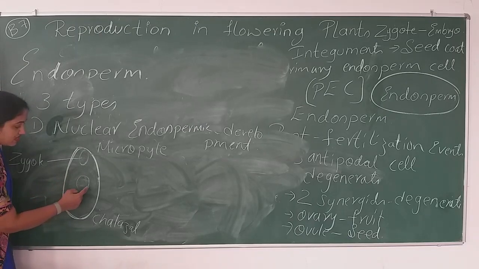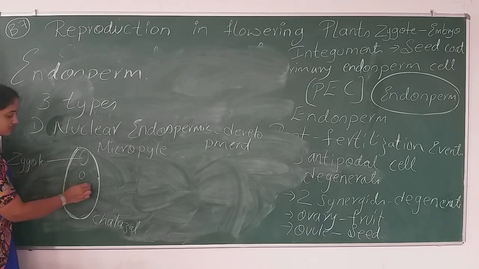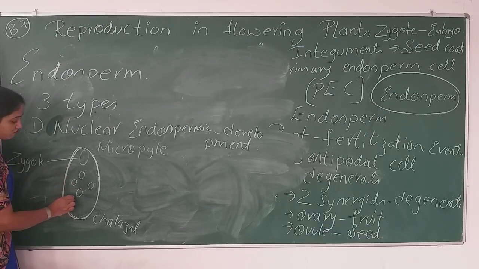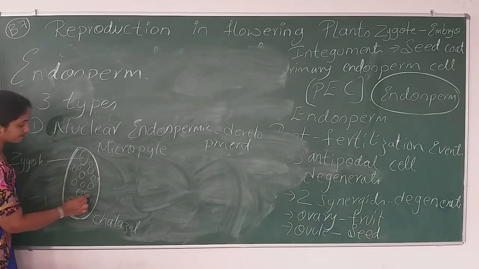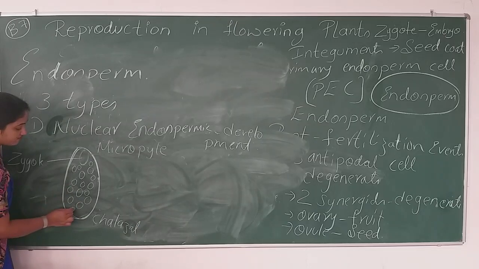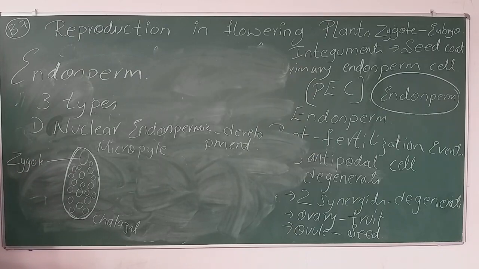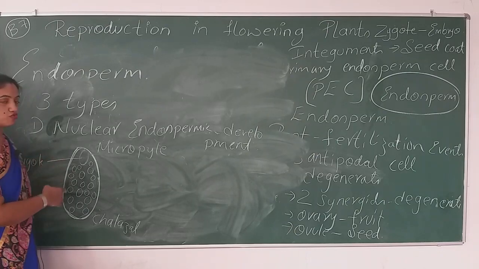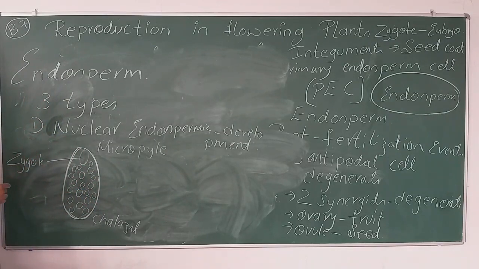This nucleus takes multiple divisions, which means one nucleus becomes two nuclei, 2 to 4, 4 to 6, a number of nuclei. Here it forms only nuclei. No cytoplasmic division takes place in the primary stage.